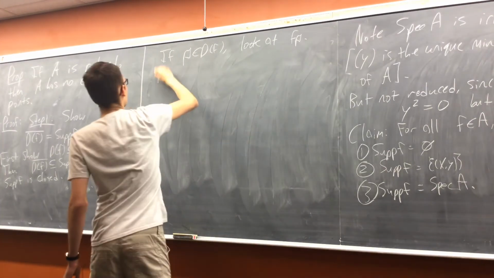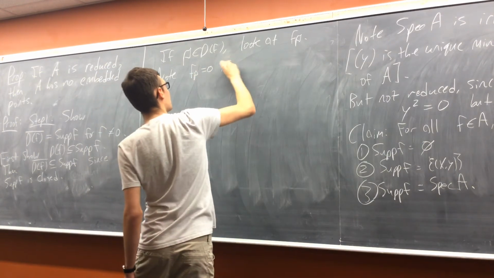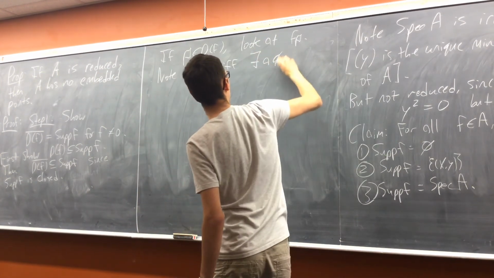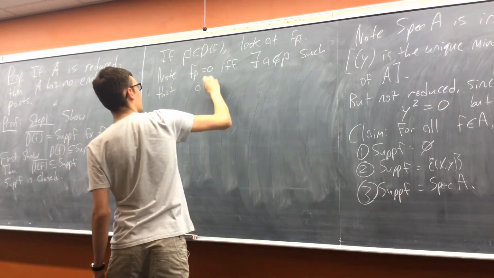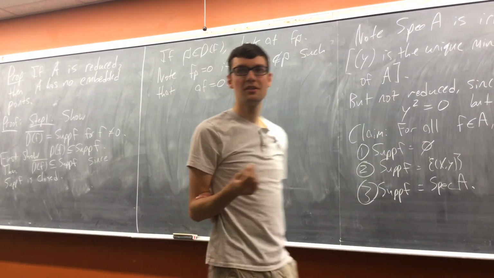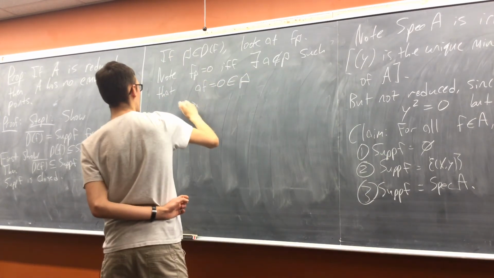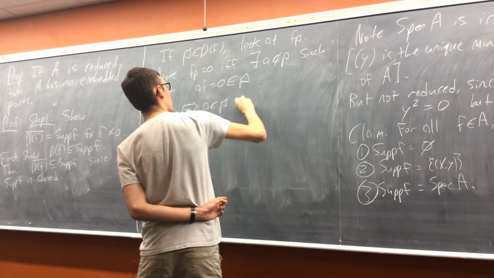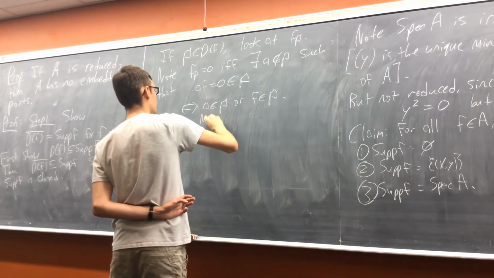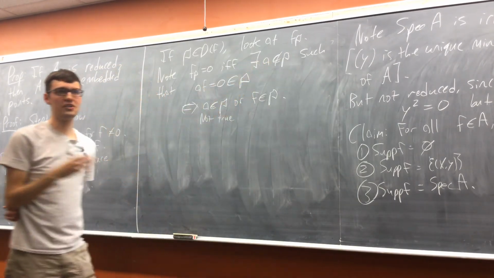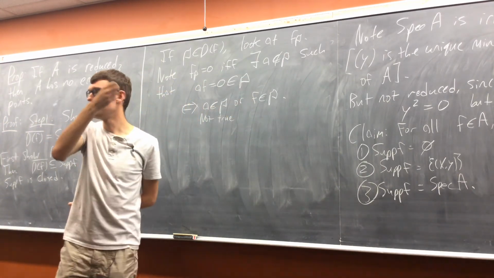Well, note f_P is 0 if and only if, as usual, I can find an element a not in P such that a times f is 0. 0 is in P. So because P is prime, this is equivalent to saying a is in P or f is in P. This is not true, because I just said I needed a not to be in P. And f isn't in P because, well, P is in D(f).